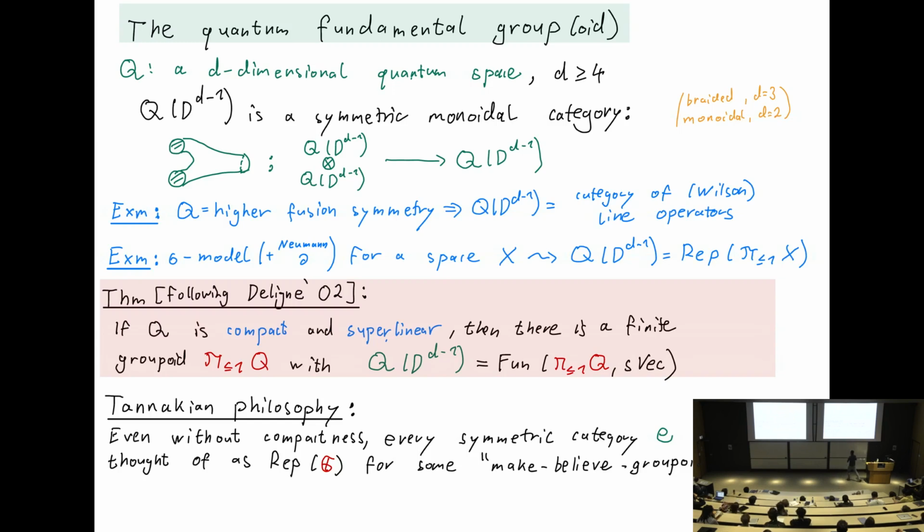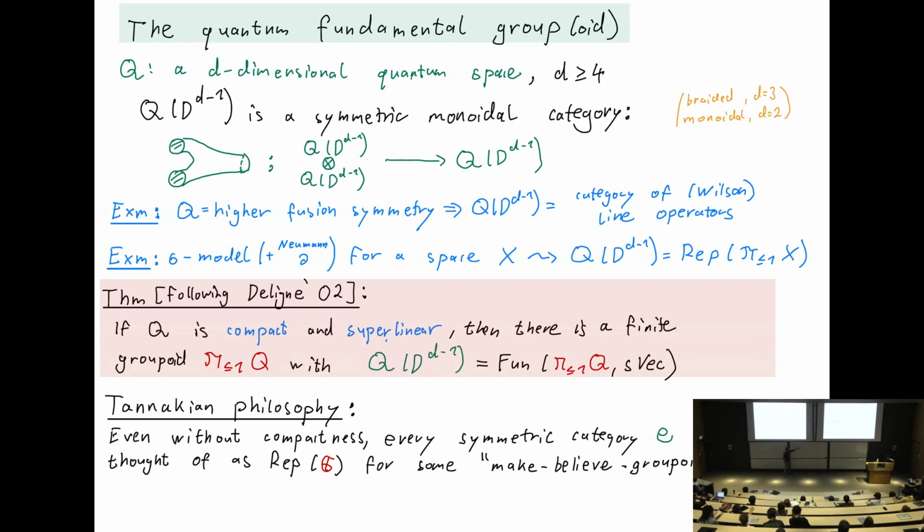Let me say some more words about this, because this will be useful later. In the case of representations of some groupoid, the points in this groupoid are exactly the same as fiber functors, because I can just use the evaluation at this point, and then I go to vector spaces.